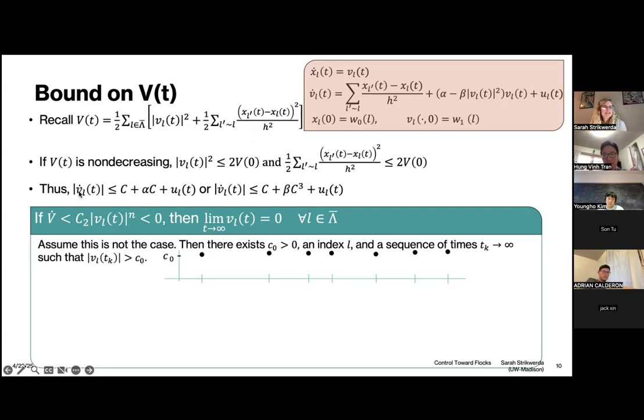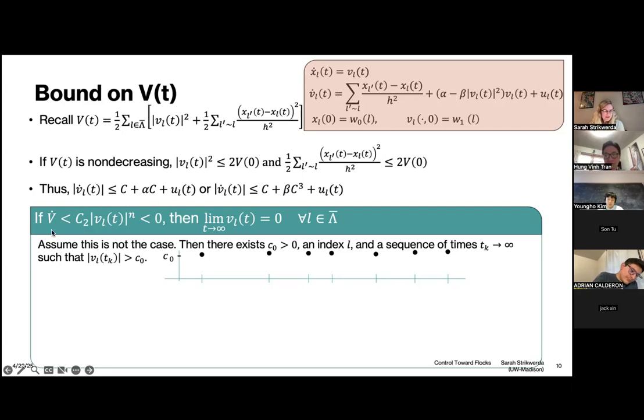And so that means that this VL dot should be less than or equal to C plus some alpha times C plus UL, because we know that our VL dot is equal to this expression right here. If we have bounds on VL and a bound on this term right here, then we have a bound on this right here. What these constants are depends a little bit on our choice of control.